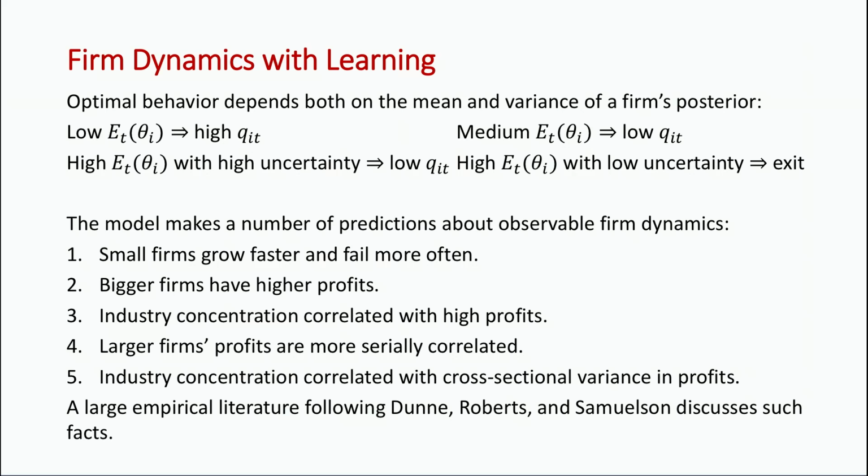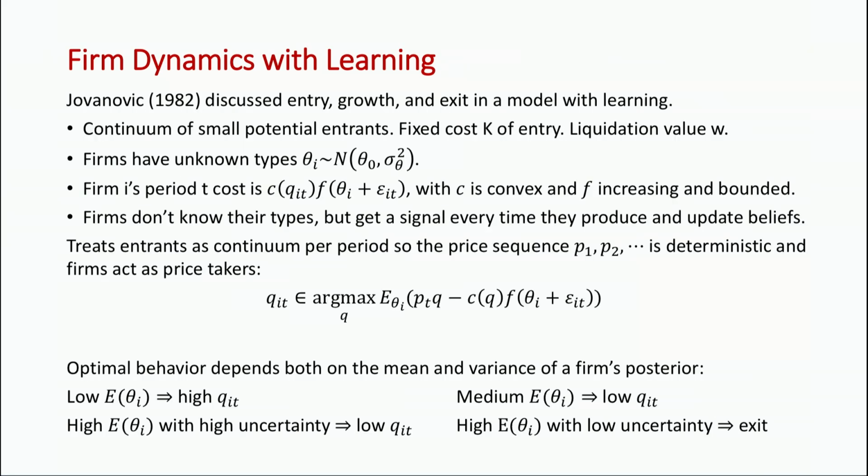Well, a lot of the small firms are these people with high uncertainty. The small firms are new firms that come in, or firms that have come in and gotten one bad draw. They think their theta is high, but they're very uncertain about their theta. So they're producing small quantities. If they find out that they're better firms, they grow very quickly.